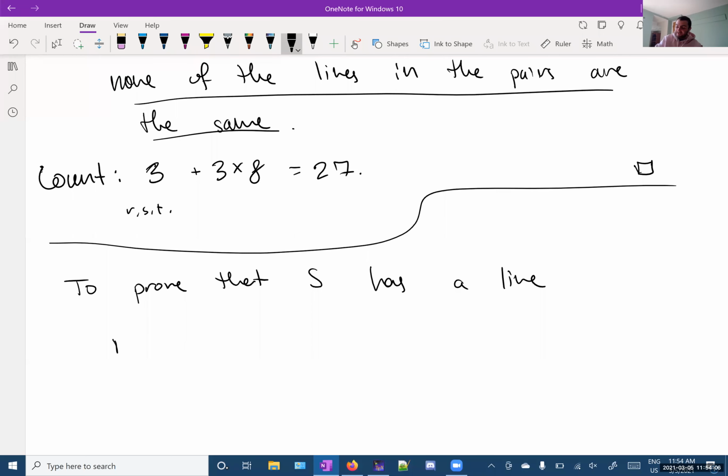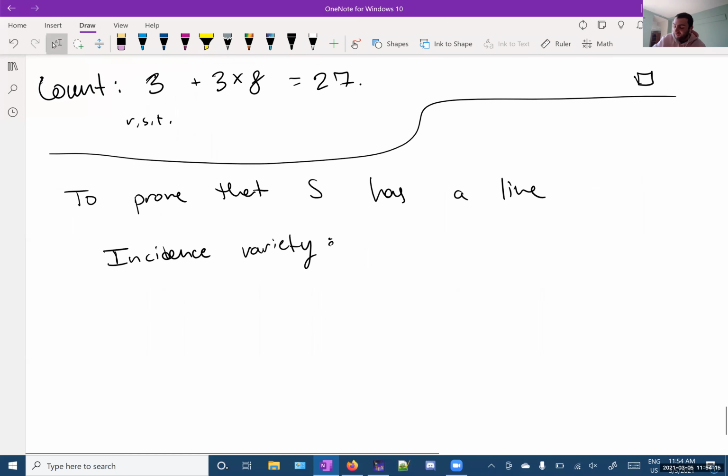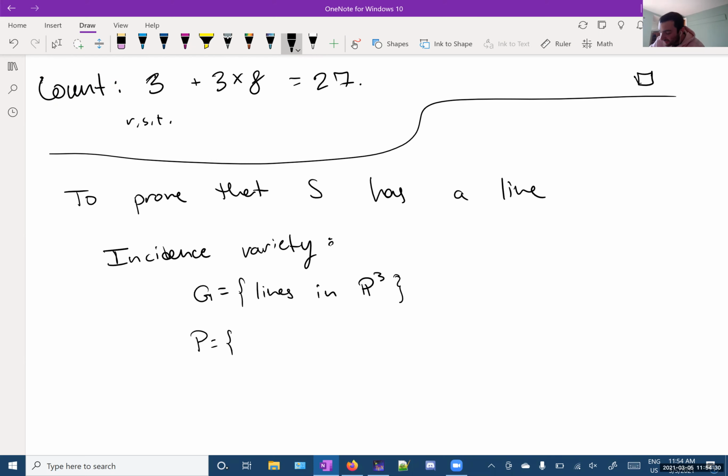We form what's called an incidence variety. So what we do is we let G be the space of lines in P3, and we let P be the space of cubics in P3.